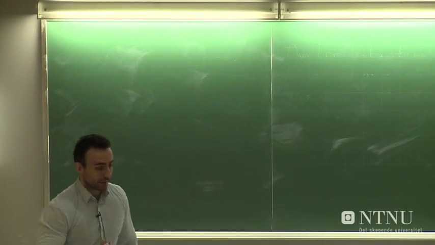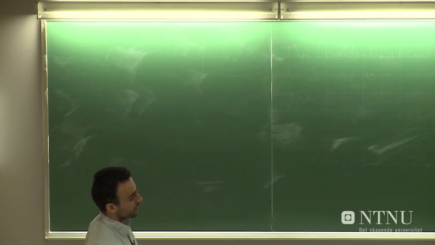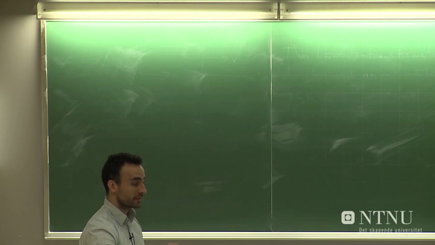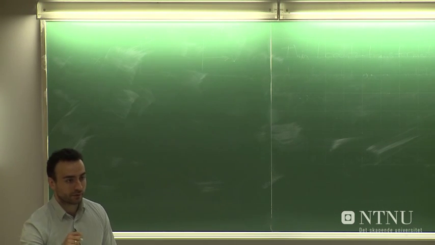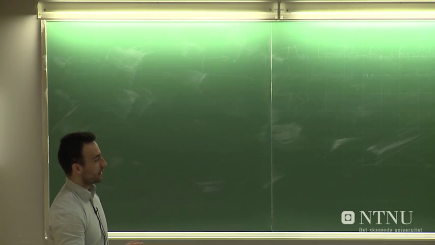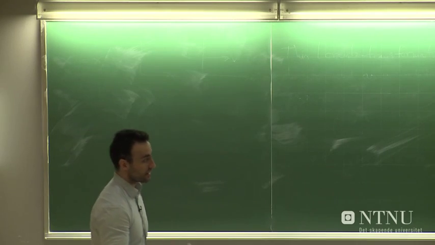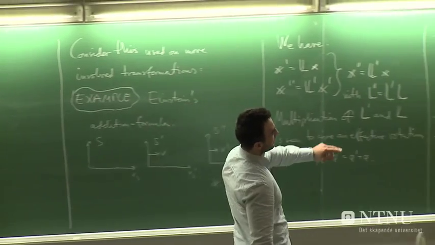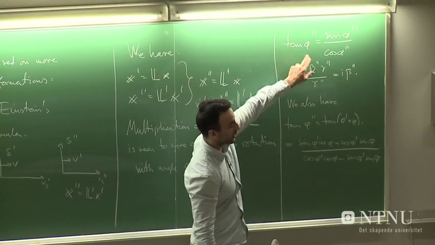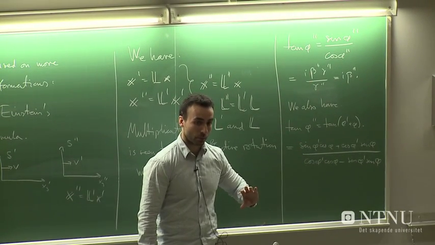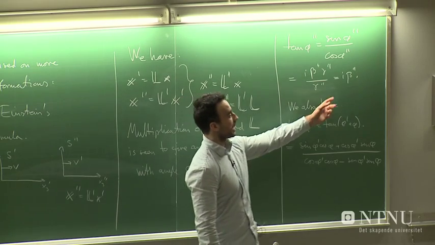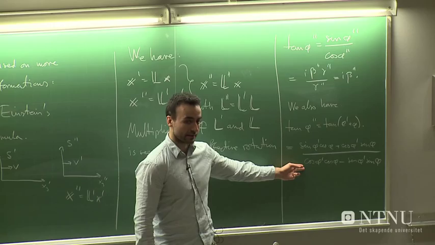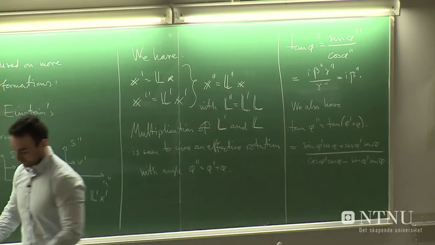And now what I would like to do in order to proceed is to represent tangents of phi double prime in terms of tangents of phi prime and phi, because we know that this has a very simple value. The tangent of the angle associated with the rotation or transformation from one coordinate system to another is just i multiplied with beta. So if we can express this in terms of tangents, I can just insert that.